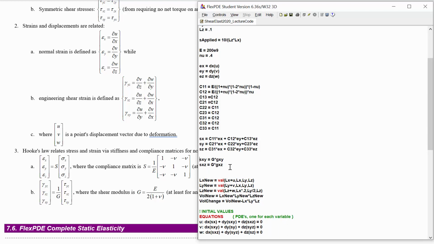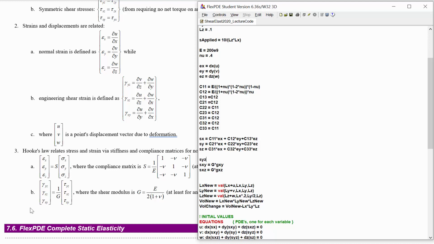Actually, maybe we'll put this in the same order that they are up here. The syntax is you kind of write them in the order of the axis that's not there. So the one in the first component will be the one that is perpendicular to the x axis. So we've got the stress in yz is equal to G times gamma yz.